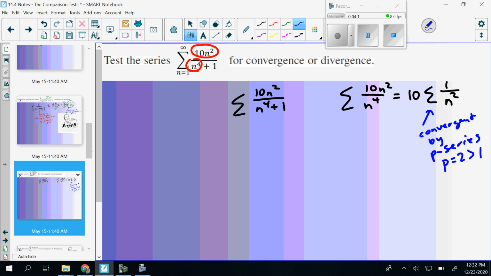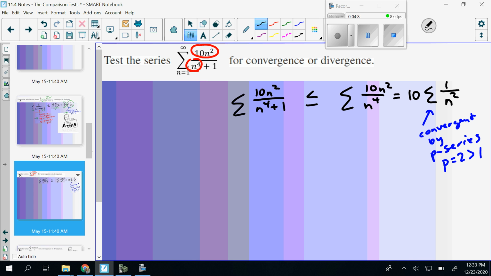So what about this one over here then? If we can show that that's smaller than the one on the right, it should also be convergent. And it will be, and here's where that plus 1 does come into play. By adding 1 to whatever the denominator number is, it's going to make that denominator slightly bigger than the one over here. So this series is always going to be less than the one on the right.